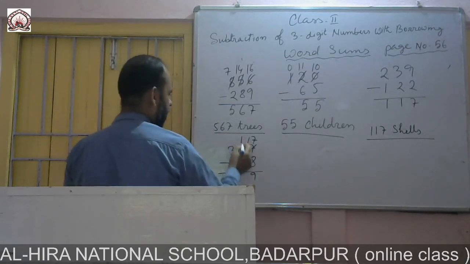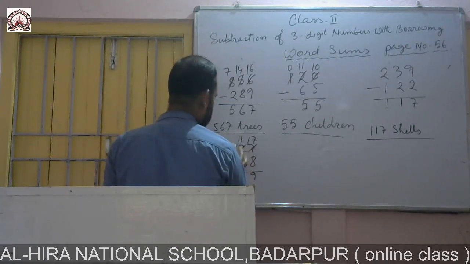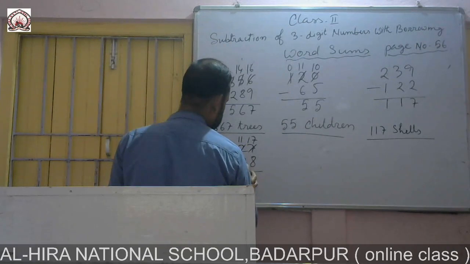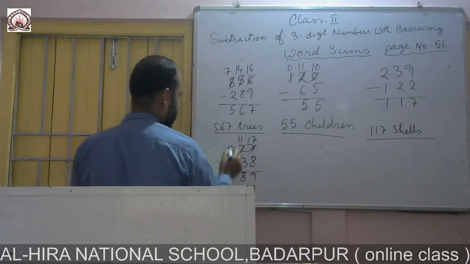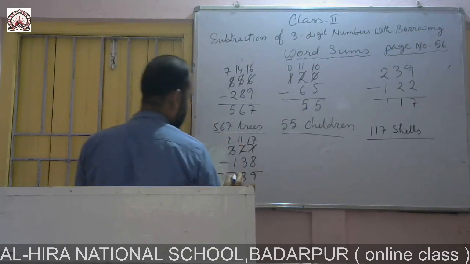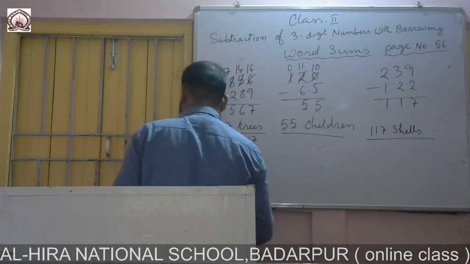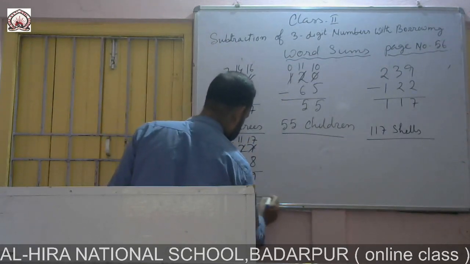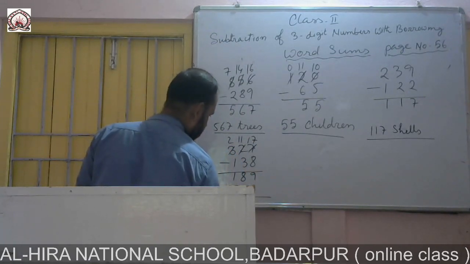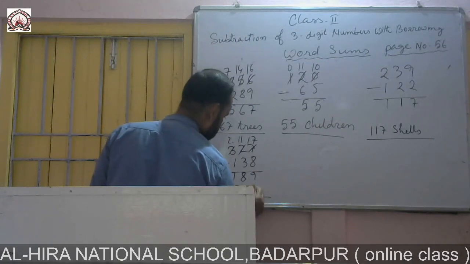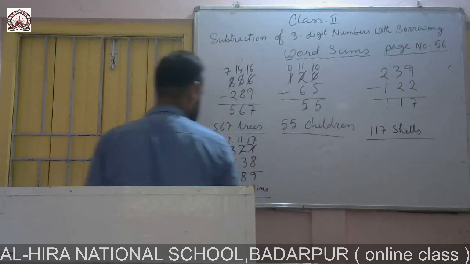There remain 1. 1 minus 3 can't, then borrow 1, then there is 11. 11 minus 3 is equal to 8, and there remain 2. 2 minus 1 is equal to 1. 189 coins.